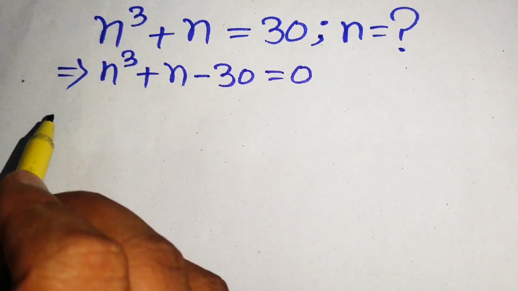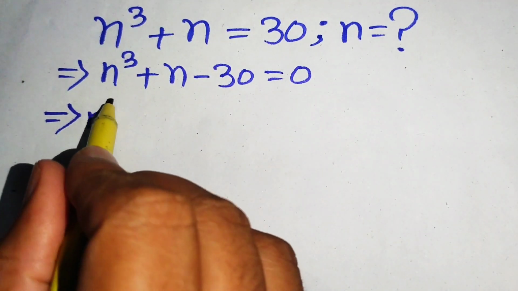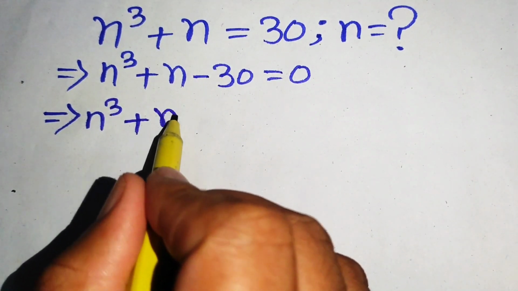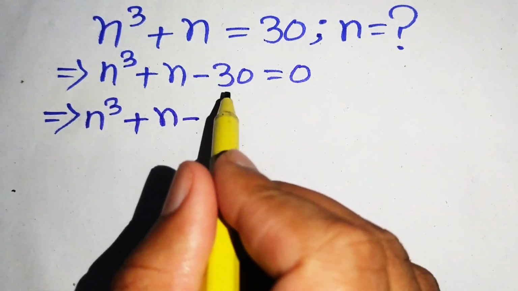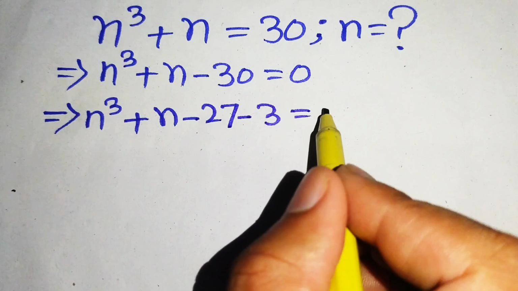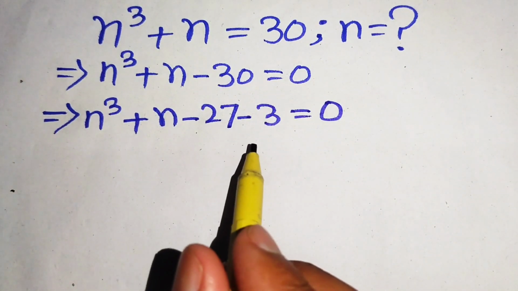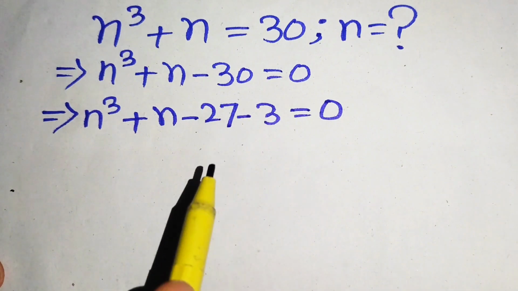In the next step we break our 30 and write it as minus 27 minus 3 equals 0, because we know that minus 27 minus 3 becomes minus 30.